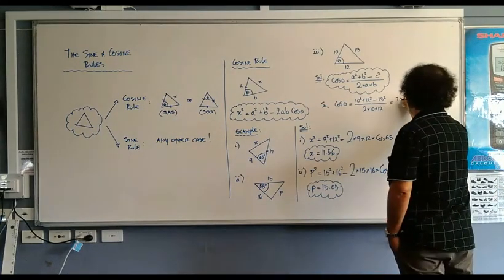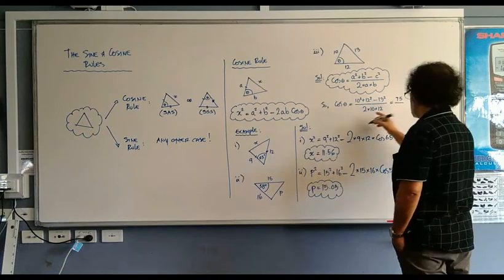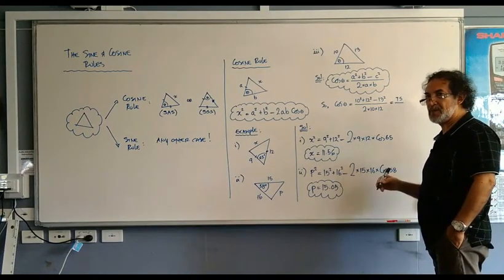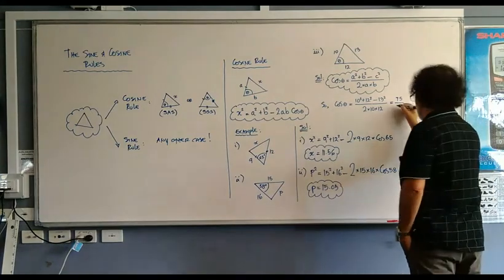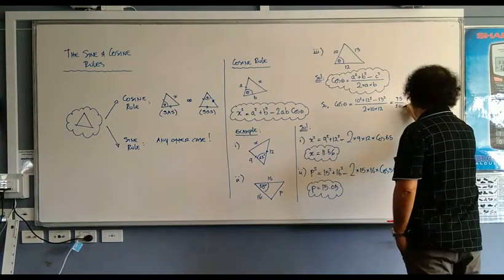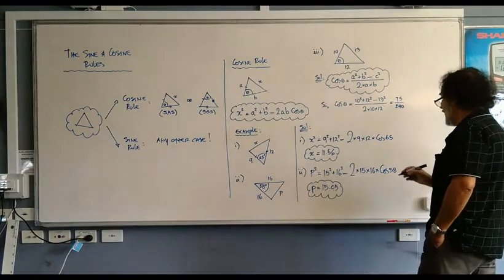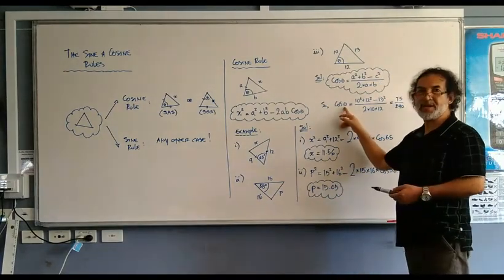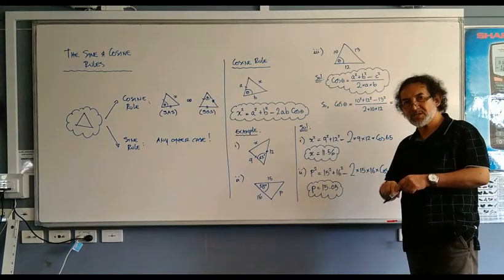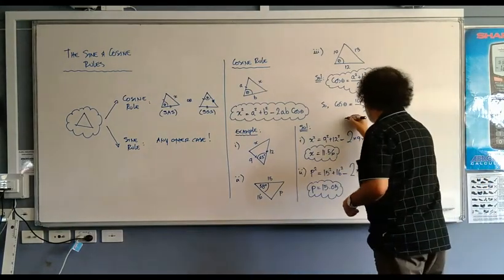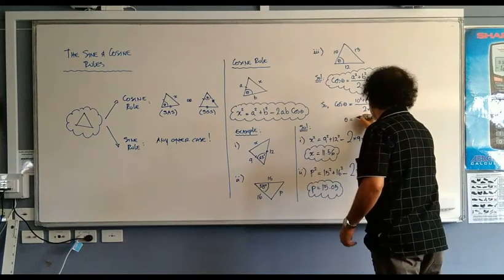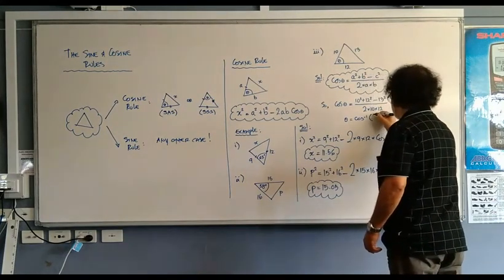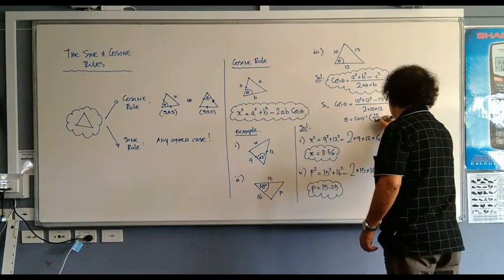75. And then I want to find the answer for 2 times 10 times 12. 240. All right? And then, do you remember that if you want to find theta, you have to use the second function? Okay, so we're going to say theta then is going to be equal to inverse cos of 75 over 240.